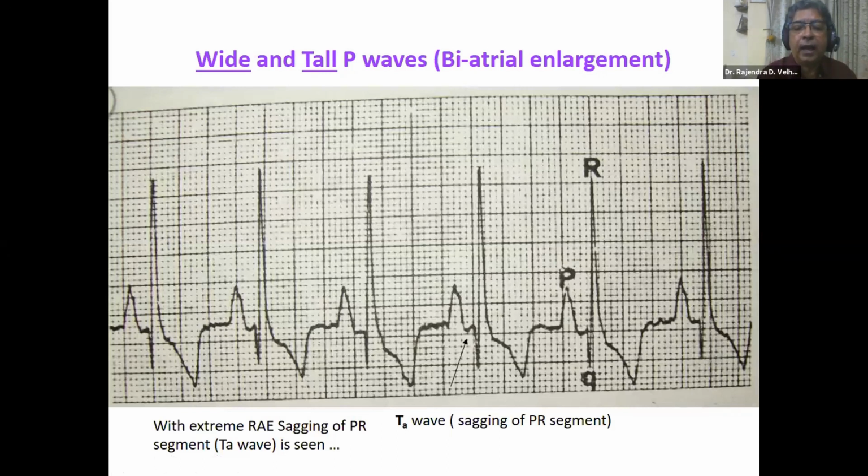Both the atria are enlarged. Plus you can see there is a sagging of the PR segment, that is called the Ta wave. So the P waves can be wide, P waves can be tall, and there can be biatrial enlargement with wide and tall P waves.